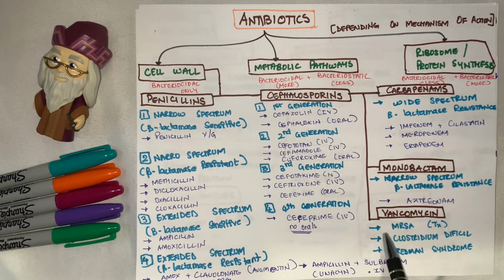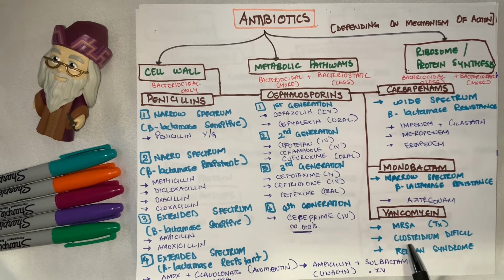Then now we have an infection known as methicillin-resistant Staphylococcus aureus infection. So for its treatment, we use vancomycin, MRSA. We also treat Clostridium difficile. So there could be an overpopulation of a bacteria known as Clostridium difficile, and that's why we can use vancomycin to treat that as well.